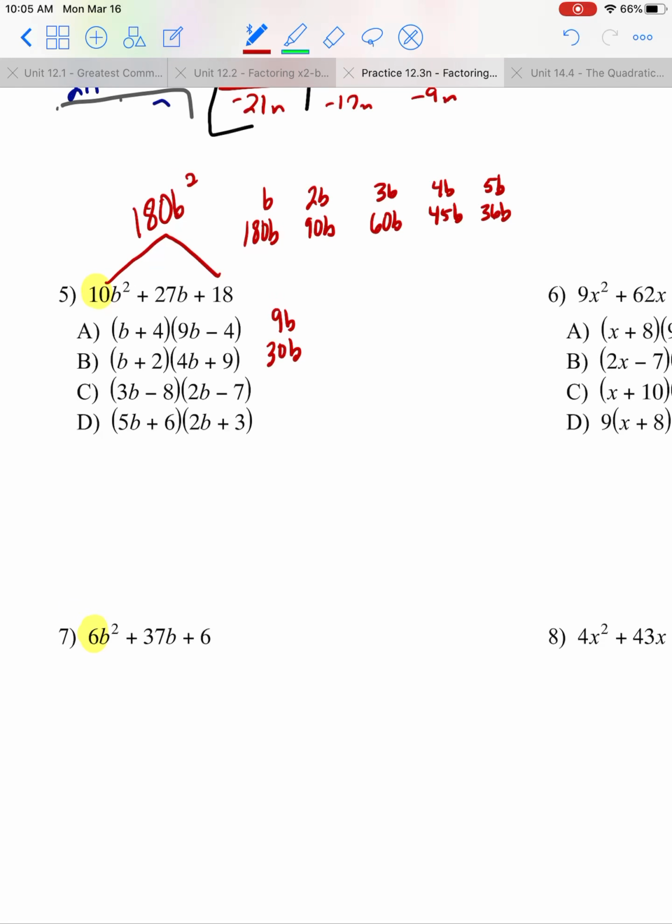That is not correct. It's going to be 9b and 20b, sorry.